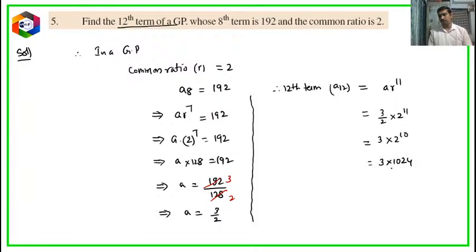You have to remember it, or else you can multiply. Now let us multiply 3 with 1024: 3 times 4 is 12, 2 carry 1, 3 times 2 is 6 plus 1 is 7, 3 times 0 is 0, and 3 times 1 is 3. The product is 3072. Therefore the 12th term, A12, is equal to 3072.